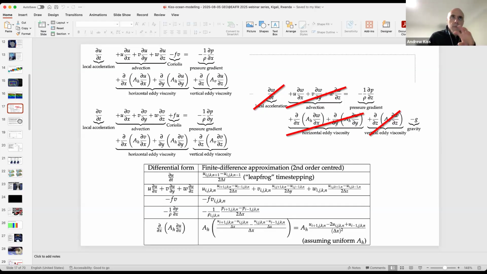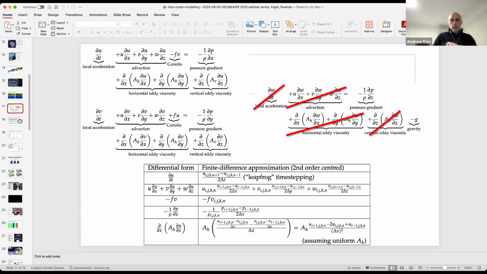So over the decades, people have come up with more sophisticated ways of handling this. One way that's done is, instead of using a static computational grid, we have a grid which is static horizontally, but moves vertically with the isopycnal layers.